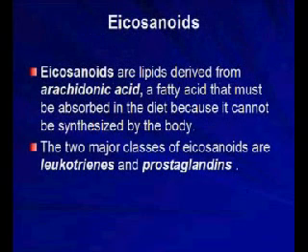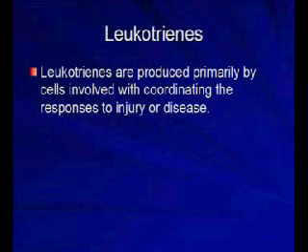Eicosanoids are lipids derived from arachidonic acid, a fatty acid that must be absorbed in the diet because it cannot be synthesized by the body. The two major classes of eicosanoids are leukotrienes and prostaglandins. Leukotrienes are produced primarily by cells involved in coordinating the response to injury or disease.